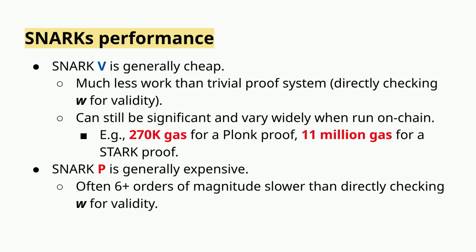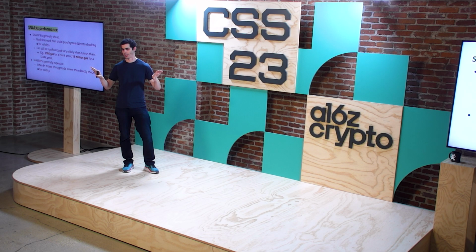Generally, as I previously mentioned, the verifier is cheap, in particular significantly cheaper than the trivial verifier that would directly take the witness the prover claims to know and check it for correctness. That's good, because snarks are completely useless if verification is not cheaper than the trivial approach.